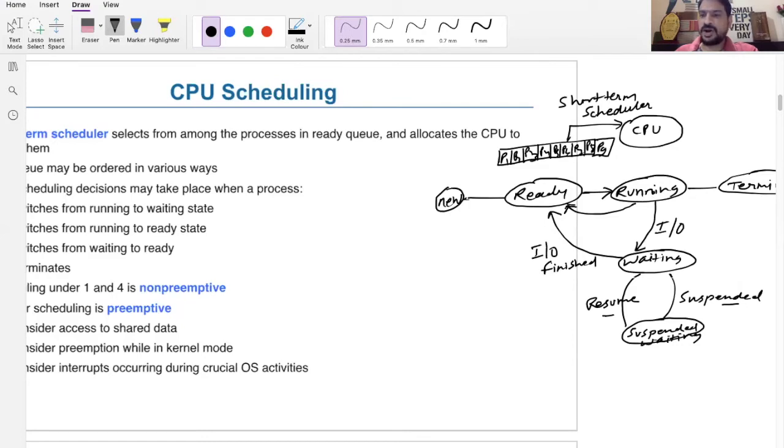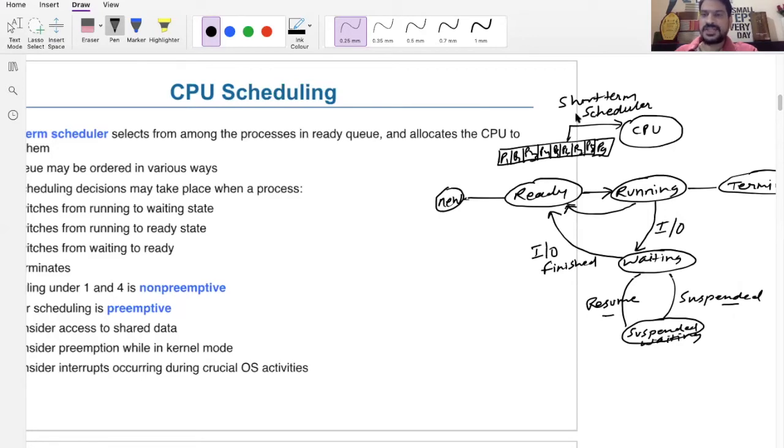If the priority of the running process is less than what is waiting in the ready queue, the dispatcher will take the process from the running state back to the ready state. So the dispatcher is responsible for taking a process from ready to running and from running to ready.